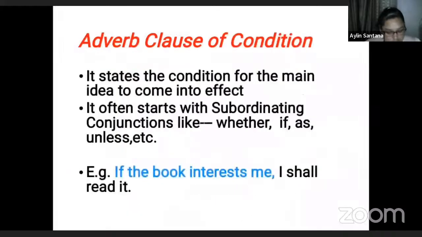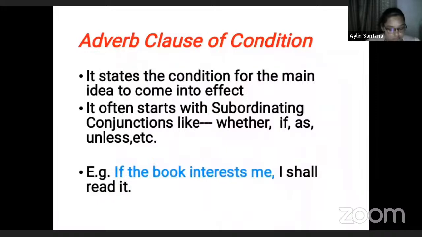Adverb clause of condition. This adverb clause of condition states the condition for the main idea to come into effect, and it often starts with subordinating conjunctions like whether, if, as, unless, etc. For example, see, if the book interests me, I shall read it. So now here it states the condition.